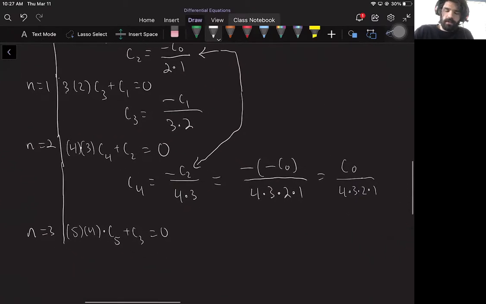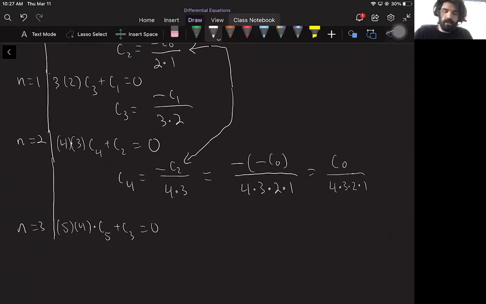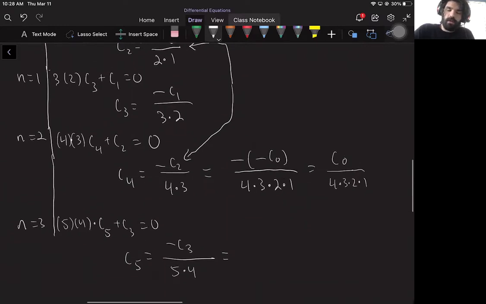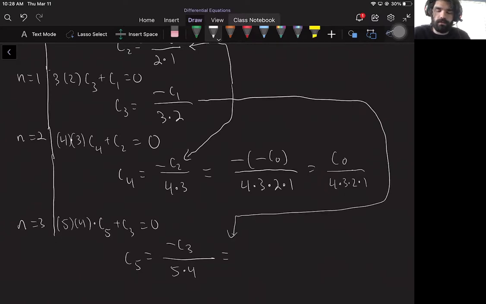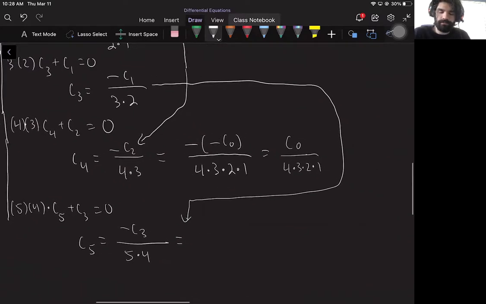Same idea, I solve for the future one in terms of the previous one: I solve for C5 by subtracting C3 and then dividing by 5 times 4. I can do a step further and realize I already figured out C3 in terms of C1 and plug that in too.